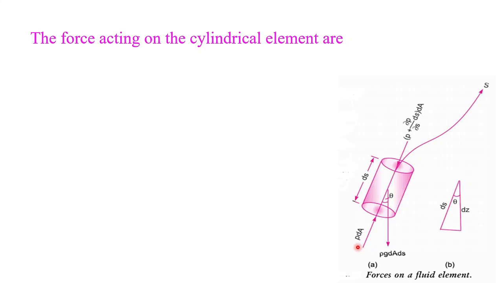Because of this force, another force opposite to that will also act due to Newton's third law. That is P plus dou P by dou S into ds into dA. The length of the cylindrical element is ds and the area is dA.